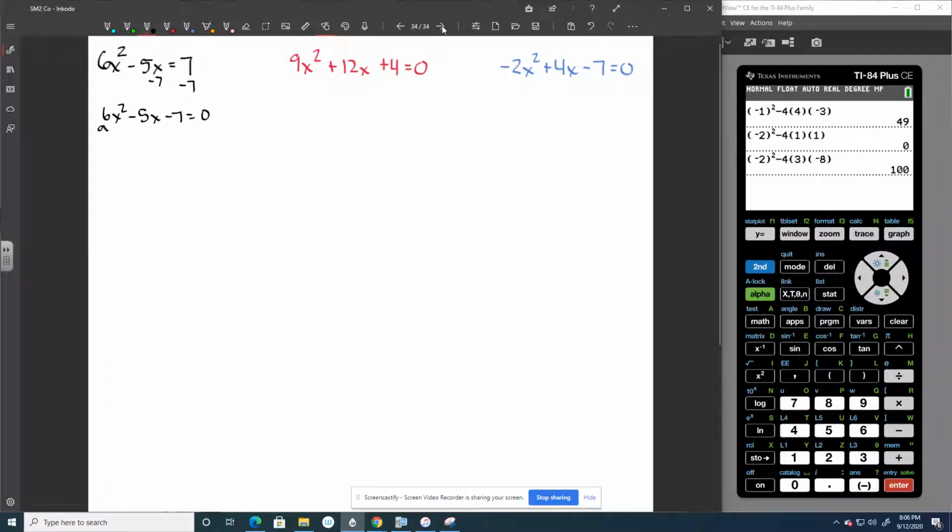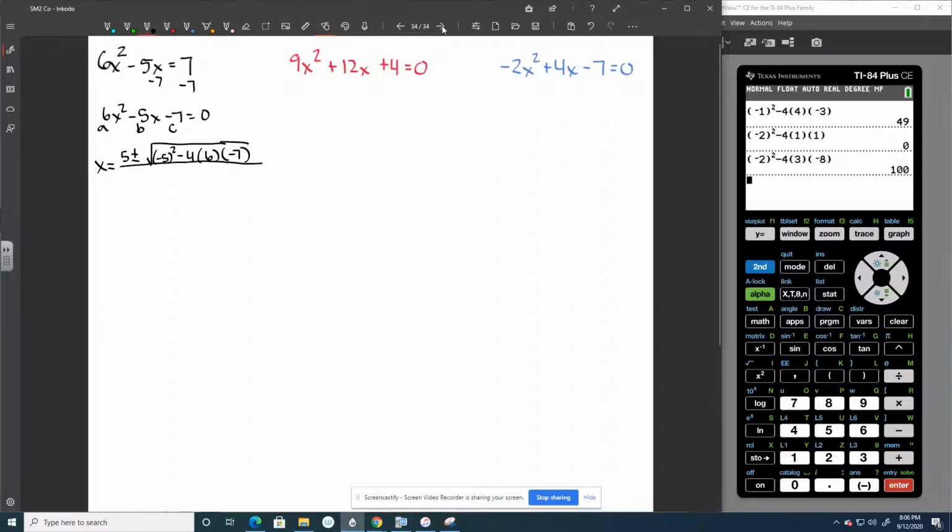So here's my a, here's my B, here's my C. So x equals the opposite of B. So instead of a -5, I'm going to put a +5 plus or minus the square root of B squared. So -5 squared minus 4, parenthesis A, which is 6, and C, which is -7.